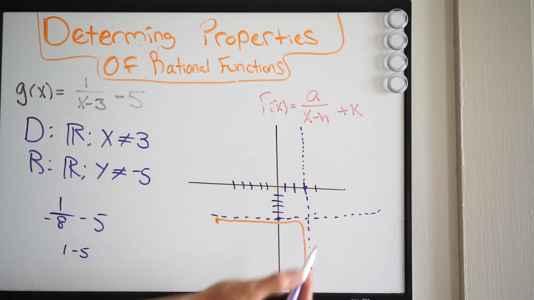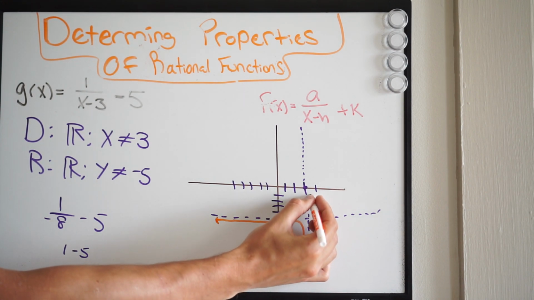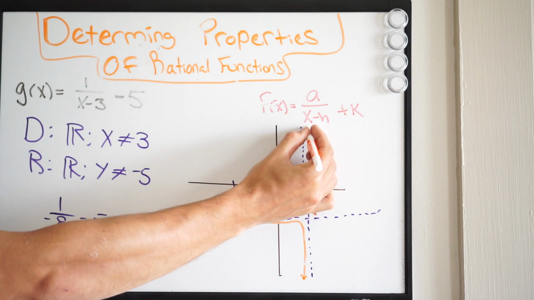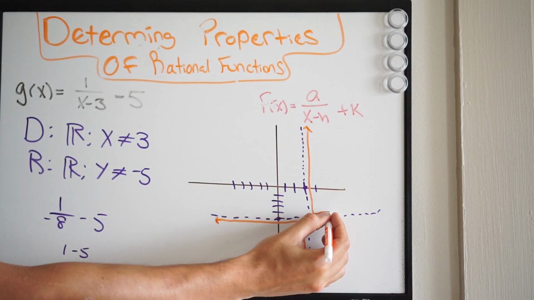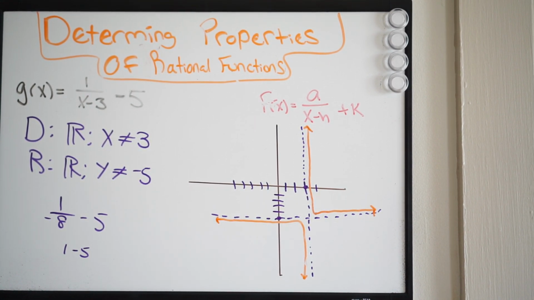So again, I have my basic shape, because I'm just going to respect those asymptotes now. And that will have the following. And that's it. So that is how you go about determining the properties of rational functions.